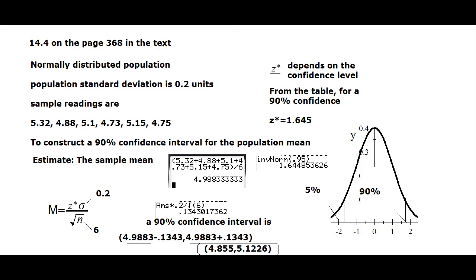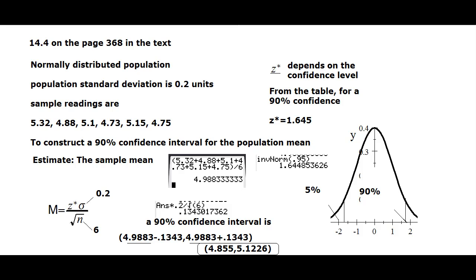Does 5 belong in here? Do you see 5 is contained in this interval? The interval contains everything between 4.855 and 5.1226. In this case, we are ignoring the endpoints, and 5 lives in there. Everybody good? Makes sense?